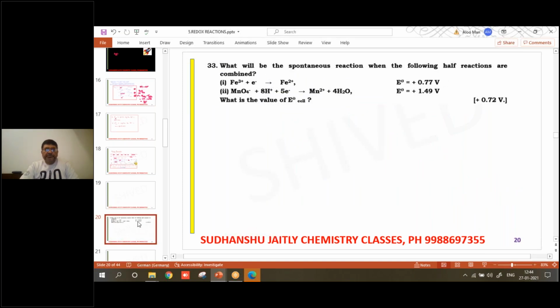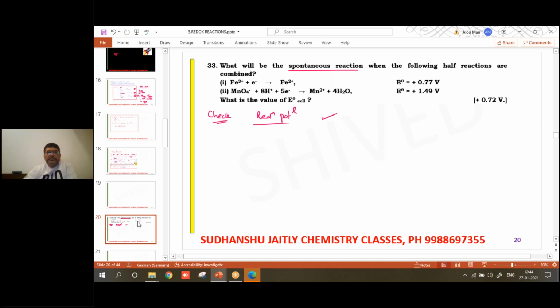For example, this is the equation. This is a question. What will be the spontaneous reaction when following half reactions are combined? Always check whether it is reduction potential or not. Only then proceed. This is reduction equations.